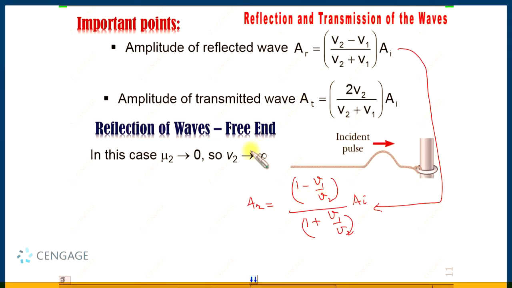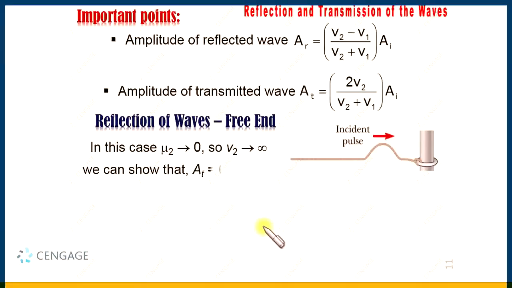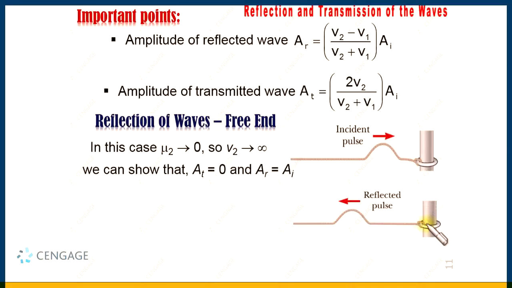And if we substitute V2 tends to infinity, that means AR equal to AI. That means the amplitude of the reflected wave will be the same as the amplitude of the incident wave, and the sign of the oscillation of the medium particle will remain the same. There will be no change in the phase, right? So we can make the pattern of the wave like this. This is the situation when the wave is reflected at the free end, right?